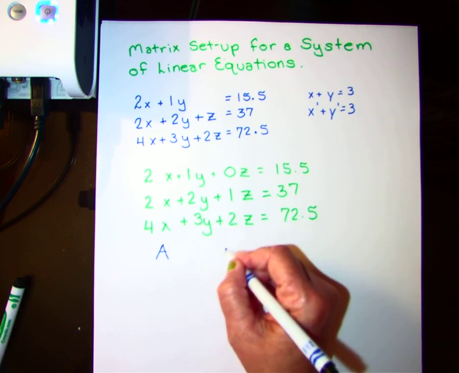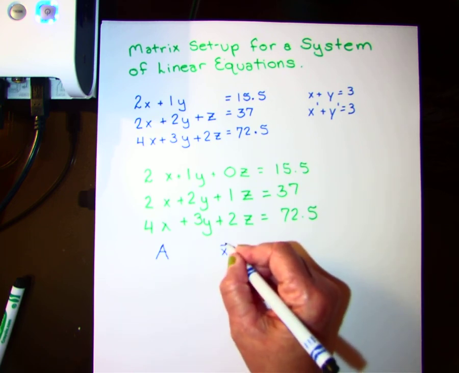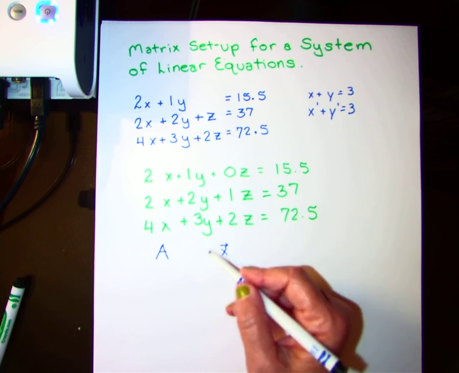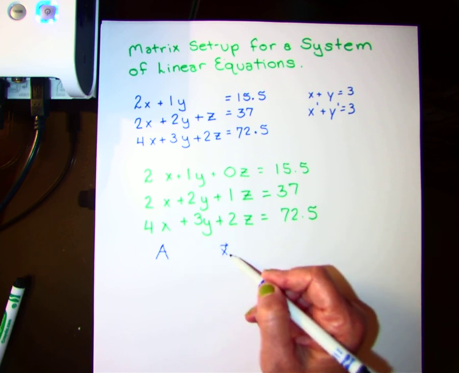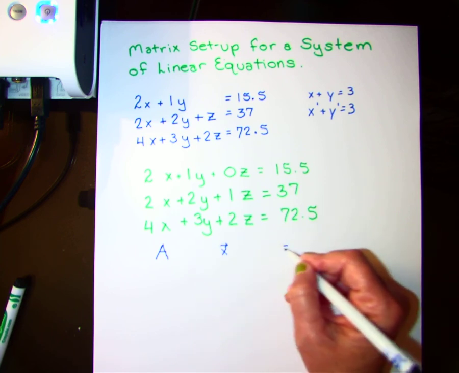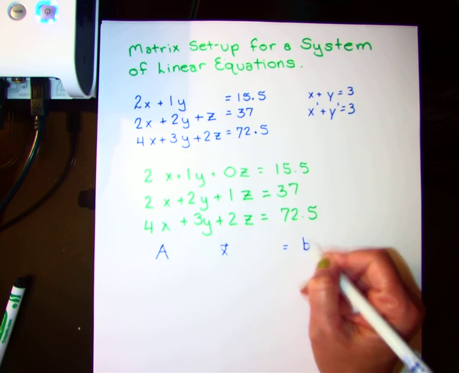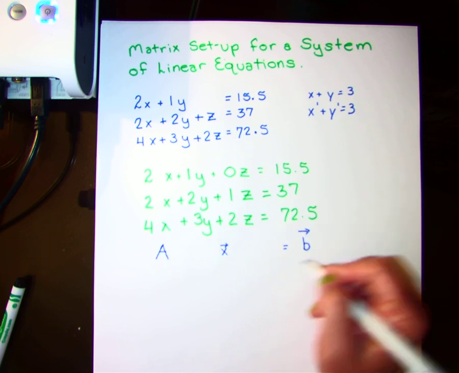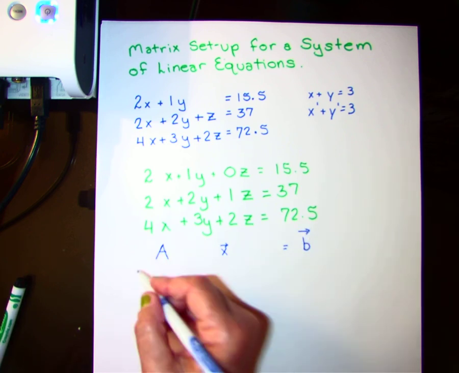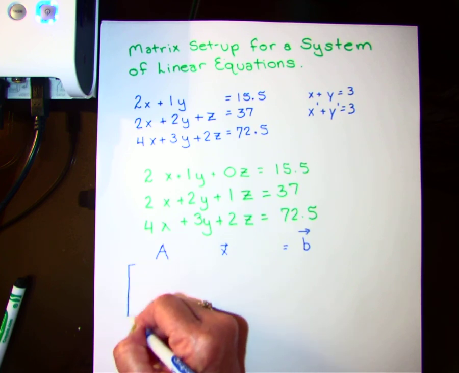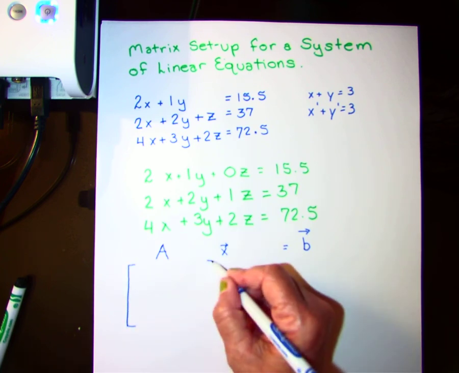Then I'm going to create an X, which is a vector. And the little line above the X here means it's a vector. And that will equal B, which is again a vector. Okay, so my matrix is my constants.